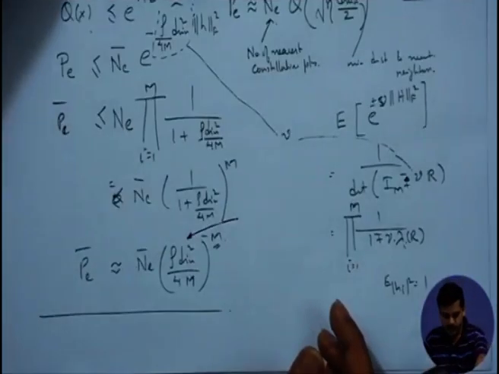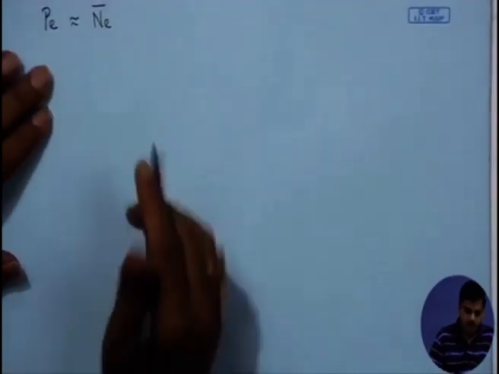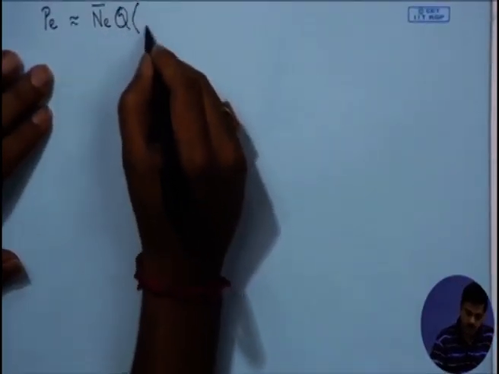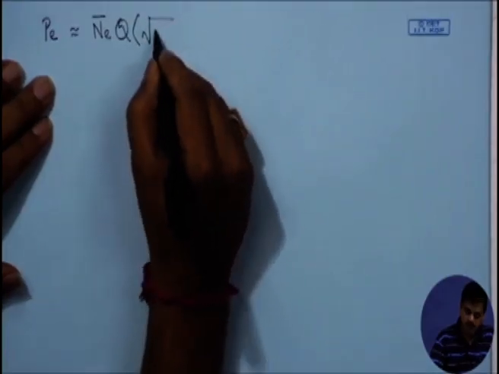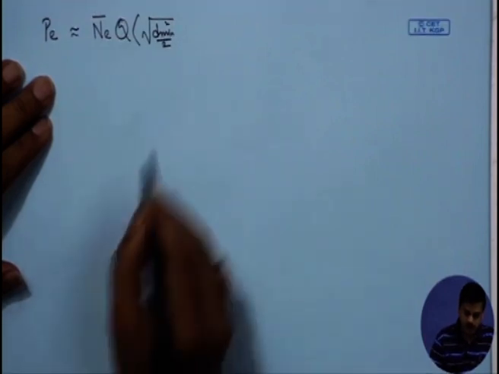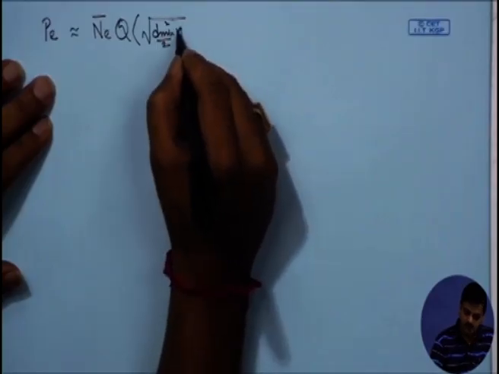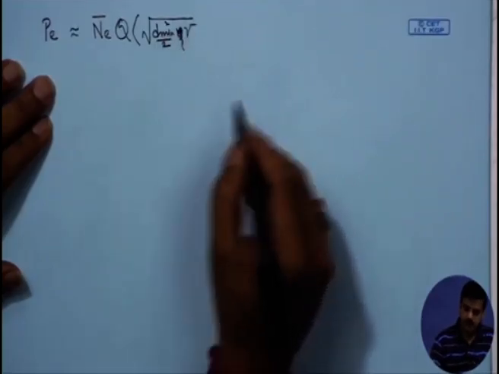At this point it is also important to note that in some references, you might find that the probability of error is given as an approximation of P E, N e bar, Q function of square root of d min squared by 2 times eta, or we could also write this as gamma, where gamma is the SNR.